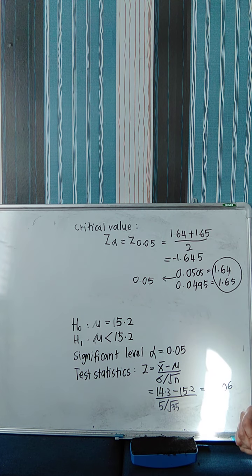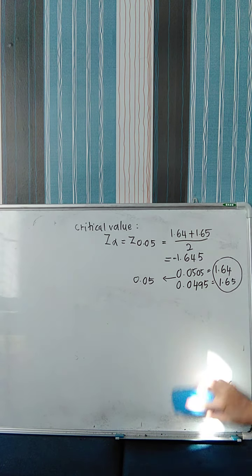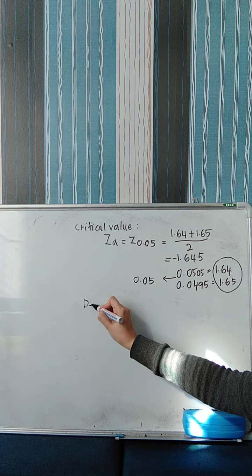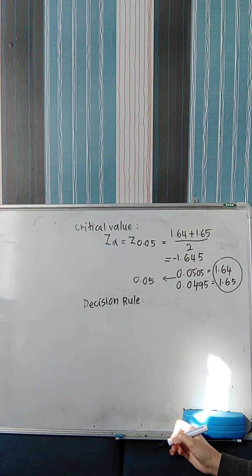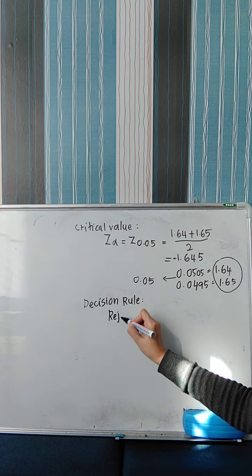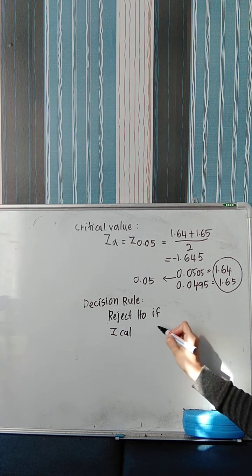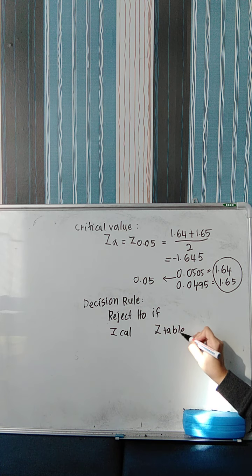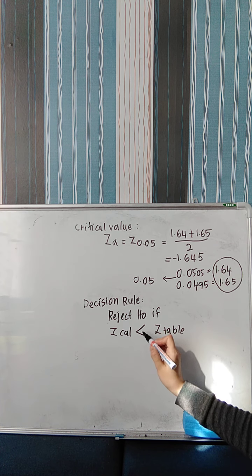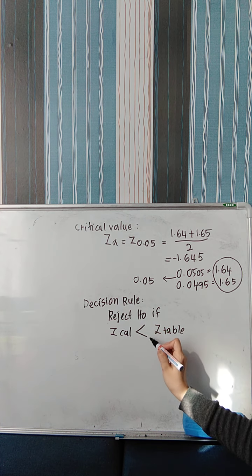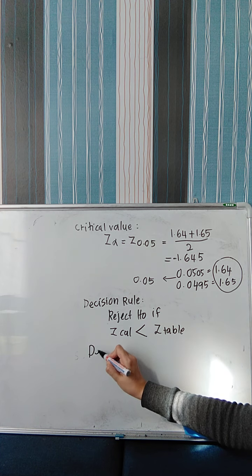Next we continue to the next step, which is to find the decision rule. The decision rule: reject H null if Z calculate is less than Z table. Because the H1 is less than, your decision rule is also less than. Then we make a decision.